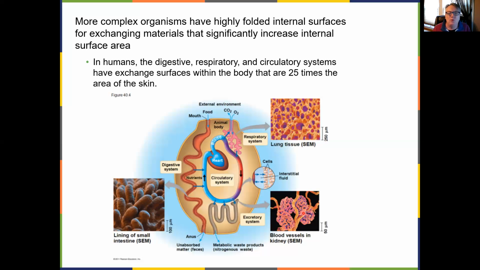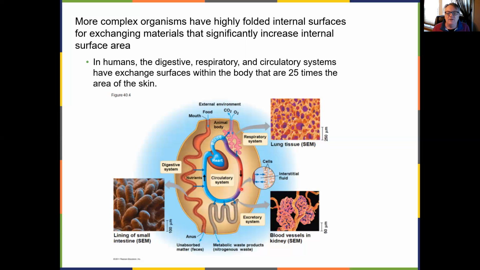Every time we're looking at this, whether it's the digestive system, respiratory system, or the excretion system, we are increasing internal surface area in order to maximize our exchange of materials.